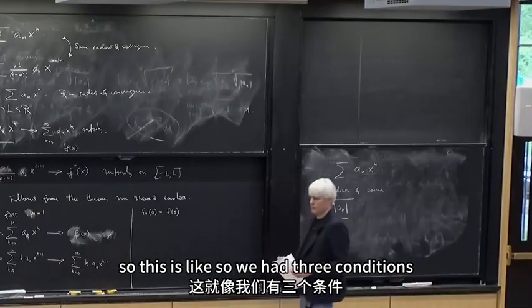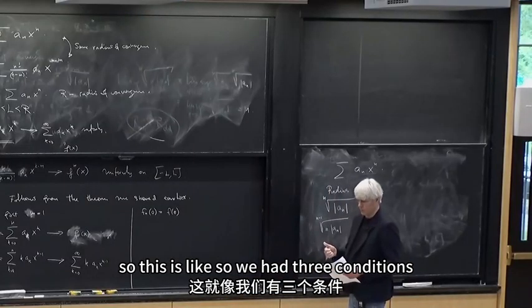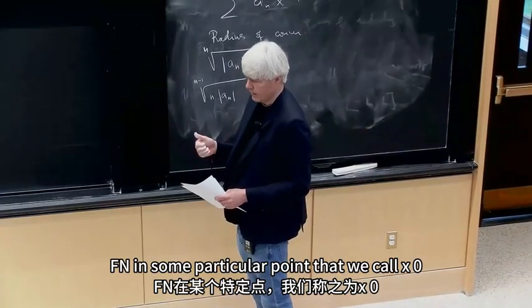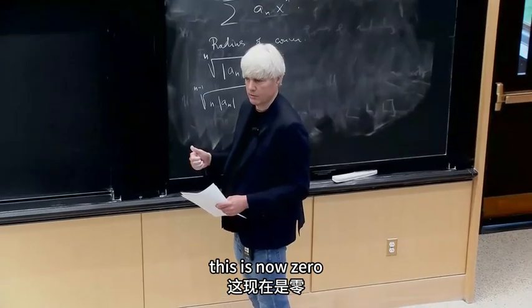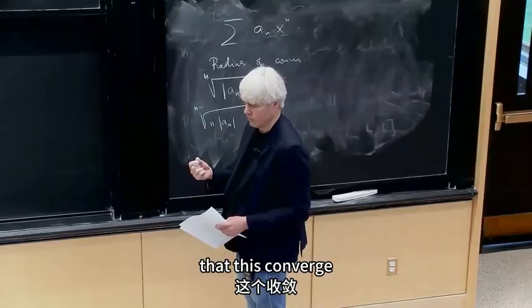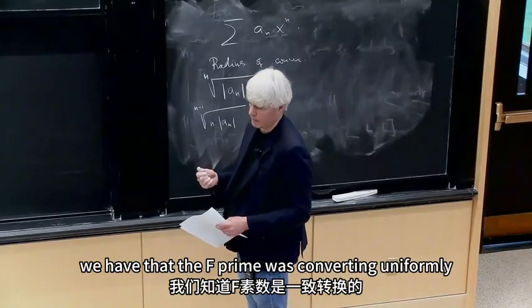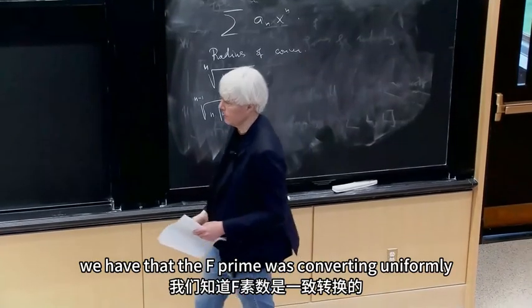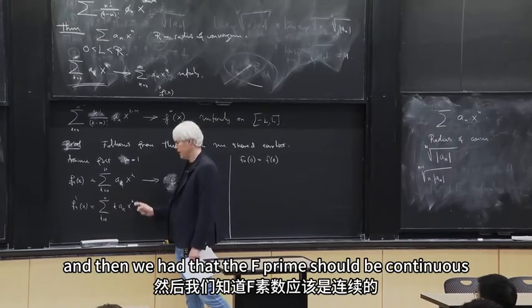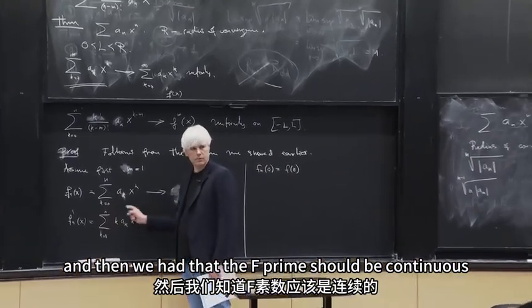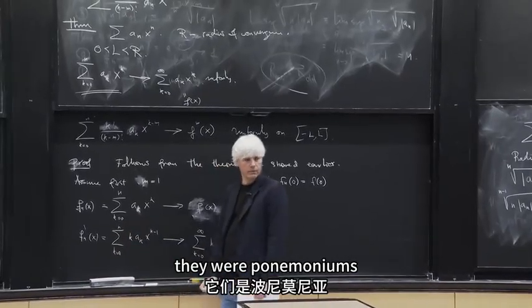So we had three conditions. We had that the f_n at some particular point that we call x0, this is now 0, converge. We had that the f_n prime was converging uniformly. Well, we know that these here converge uniformly. And then we had that the f_n prime should be continuous, but they were obviously continuous. They were polynomials, right?